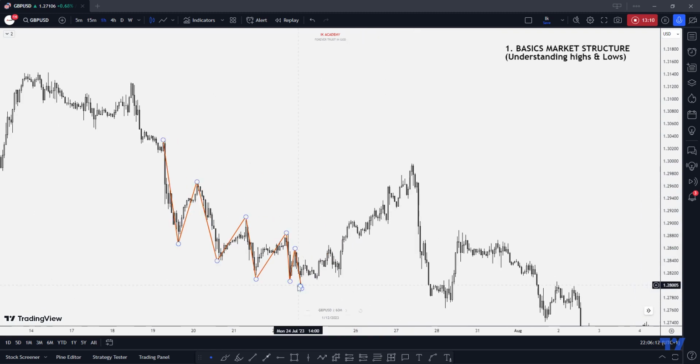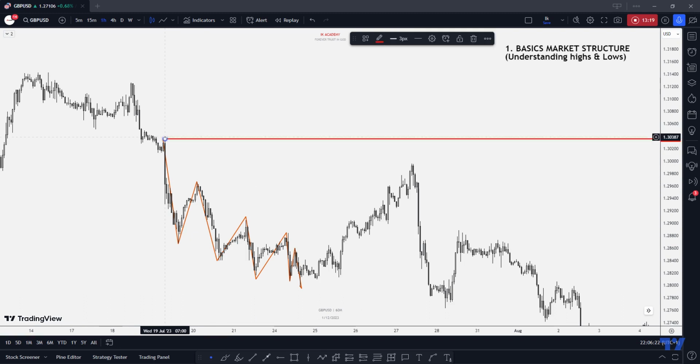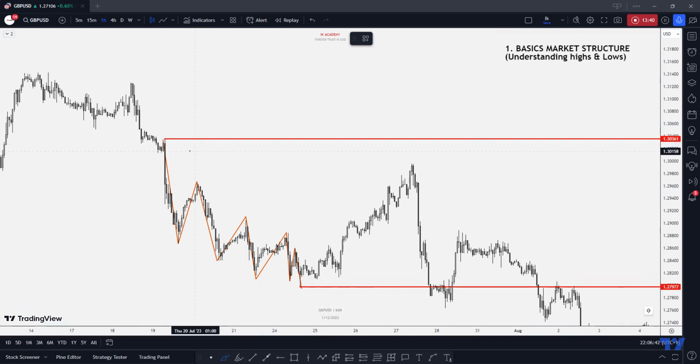So this basically means the market trended from this particular price here to this particular price here, from 1.3036 to 1.2797. Price trended from this place into this place.